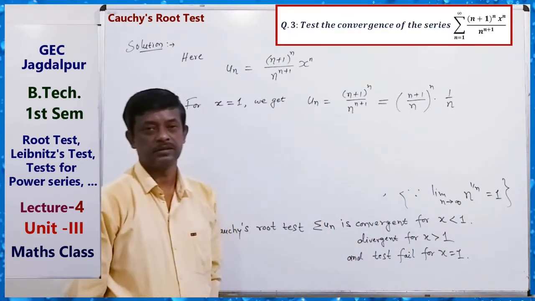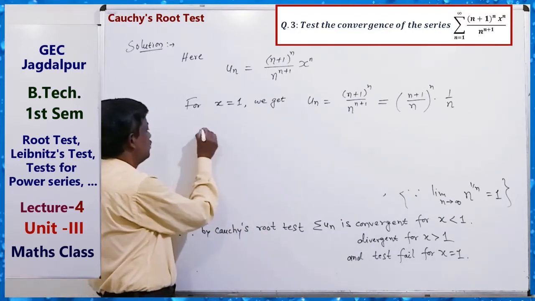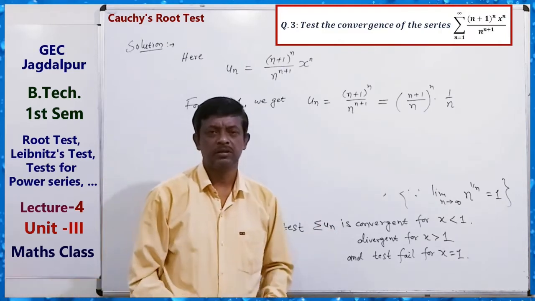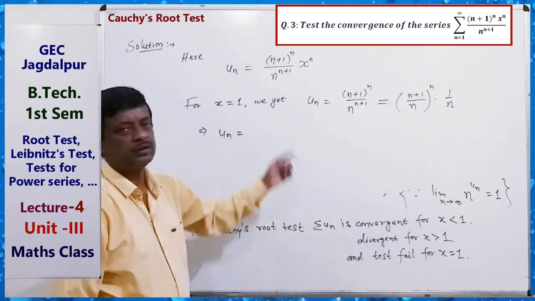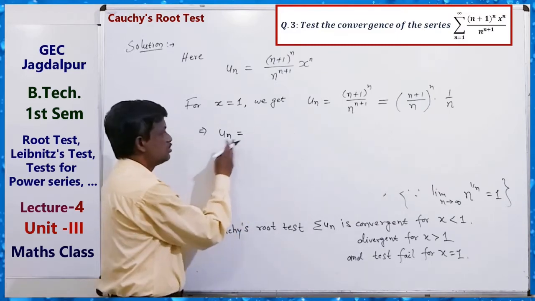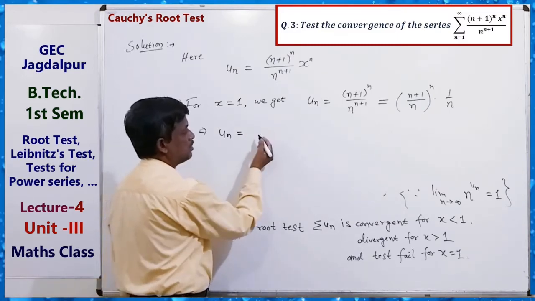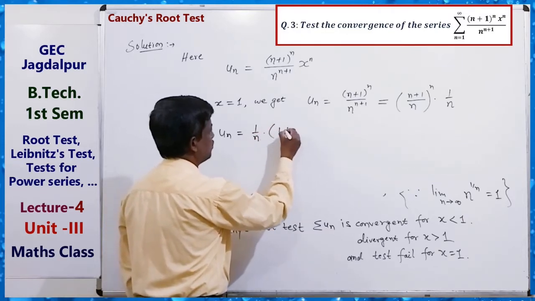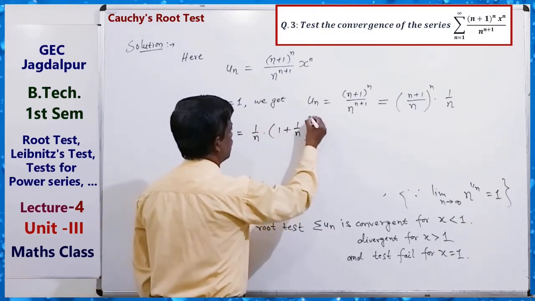That is, un equals 1 plus 1 by n to the power n, into 1 by n. Another technique we will try for getting the convergence or divergence of the series.